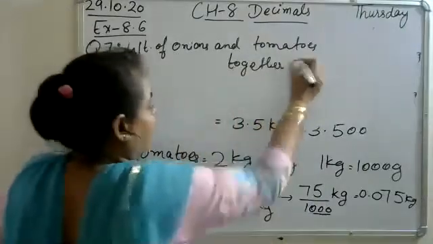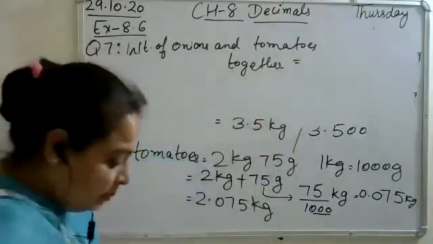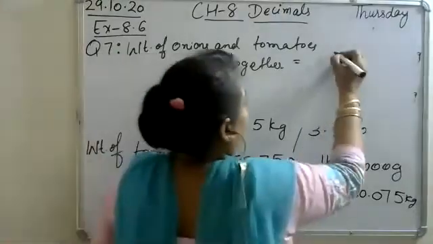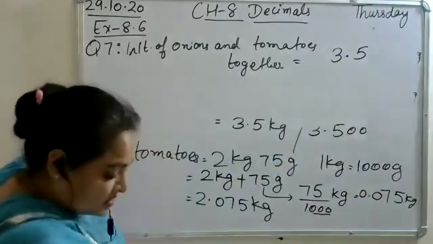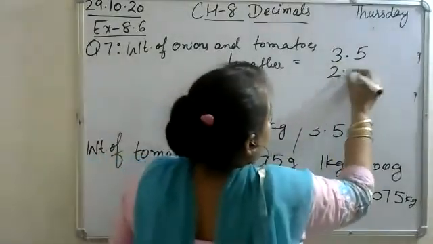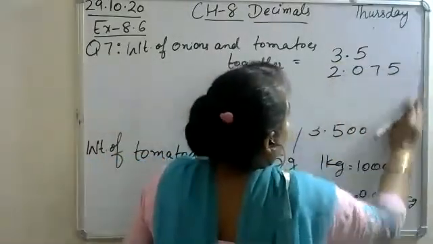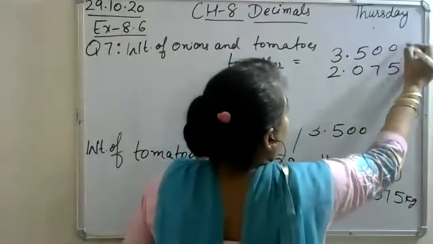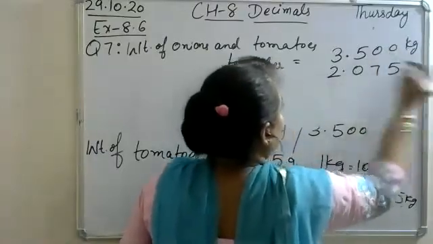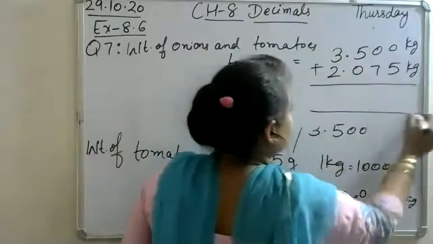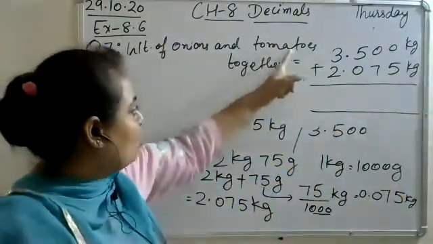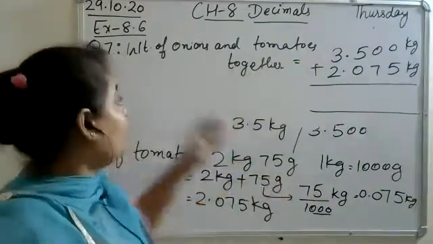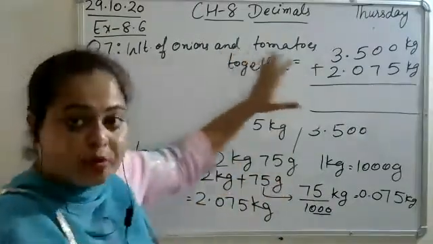Now, together means we will plus. So, plus 3.5 and this is 2.075. Vacant positions are filled by 0. Both are in kilogram. I am again repeating, either write weight of onions and tomatoes together or total weight of onions and tomatoes.